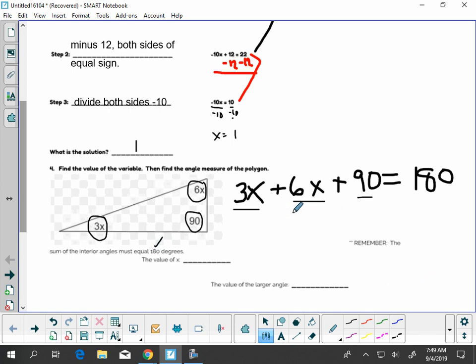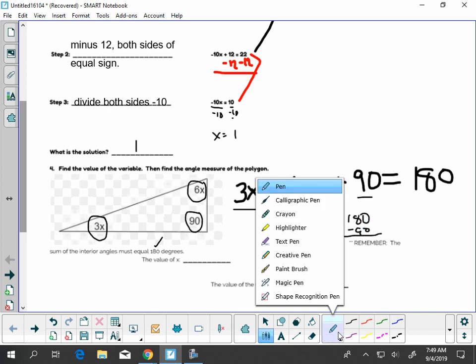You combine that, and you're going to get 9x plus 90 equals 180. Subtract 90. Let's get rid of that writing right there.